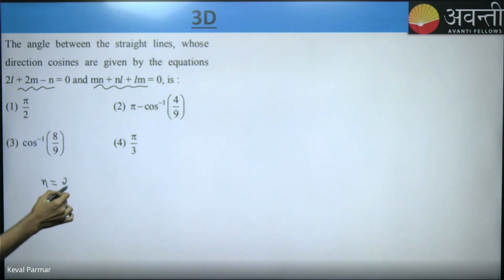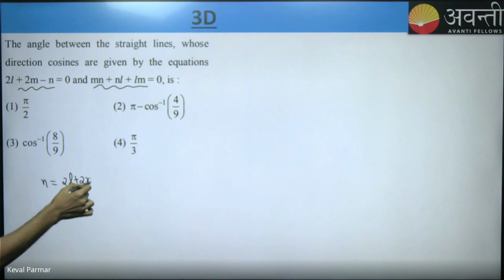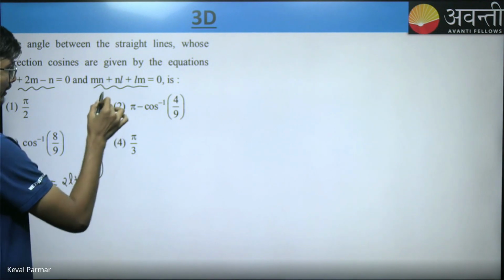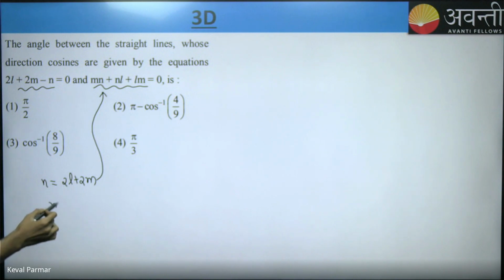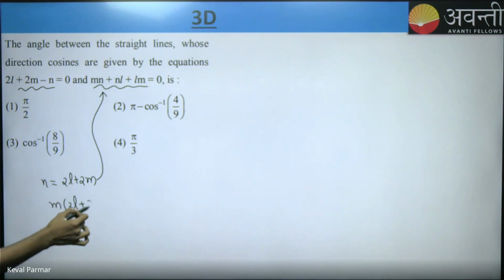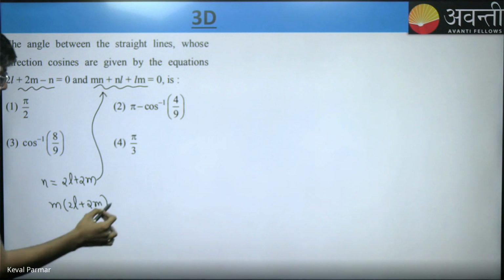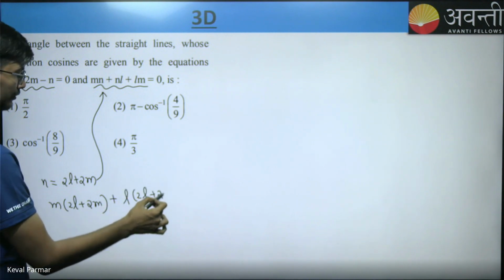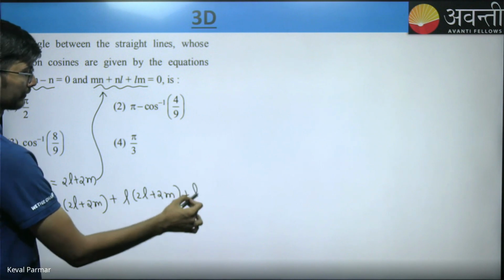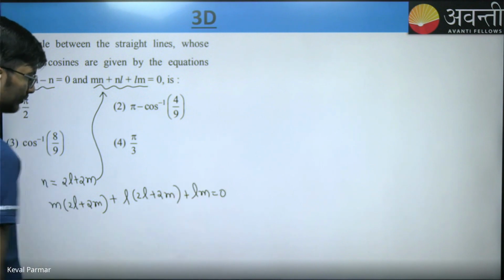N is equal to 2L plus 2M. We'll substitute this here. What we'll get? M into 2L plus 2M plus L into 2L plus 2M plus LM equals 0.